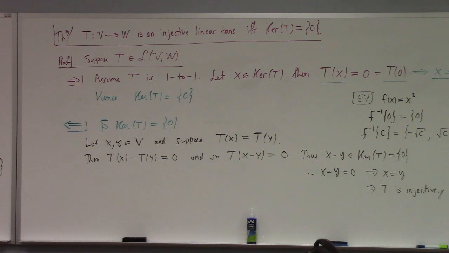Just to the point, the kernel, quote unquote, of this map is 0, and yet it's not 1 to 1. See, because f of plus or minus root c both map to c. So this is not injective, even though the kernel is 0.